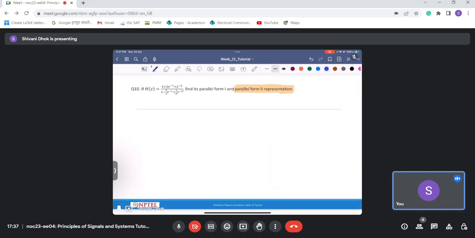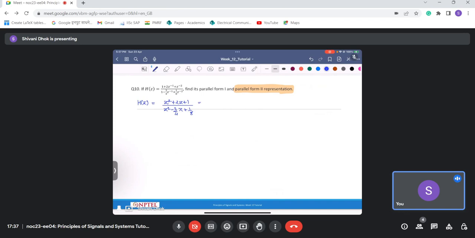For that, this H(z) I can write as (z^2 plus 2z plus 1) whole divided by (z^2 minus 3/4 z plus 1/8).